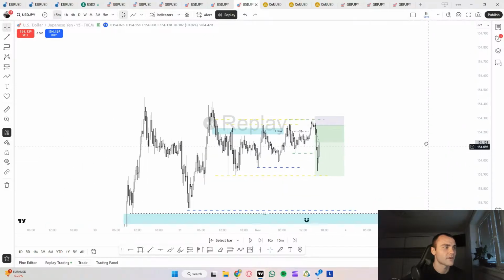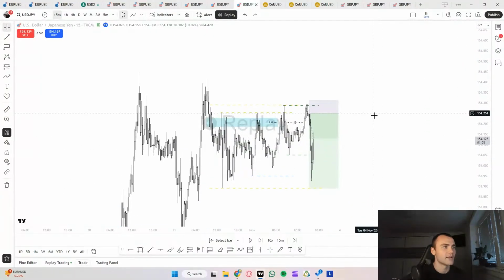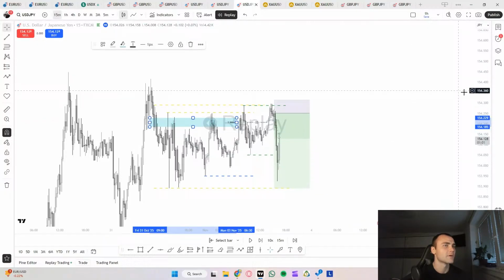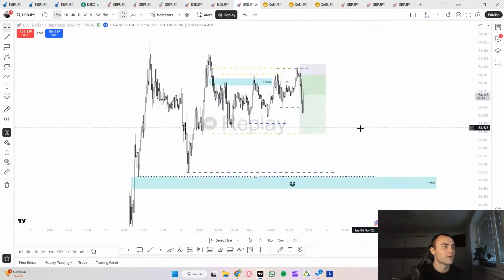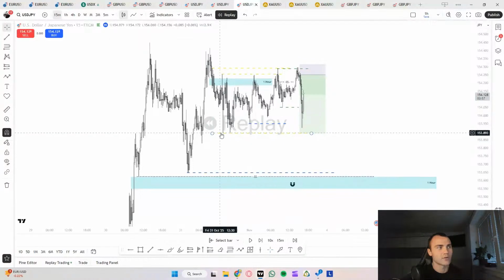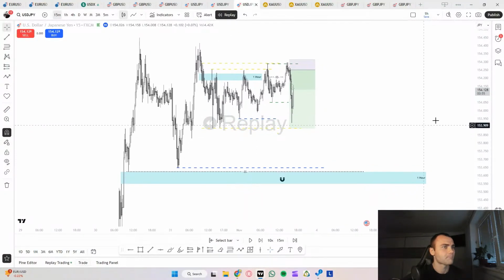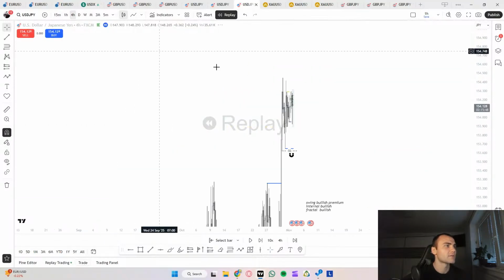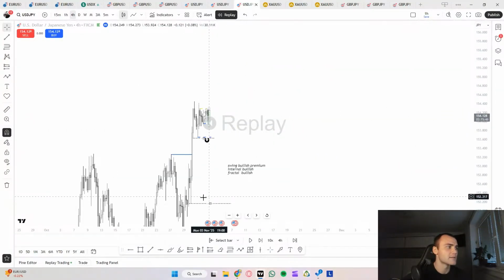It's very, very interesting. I'm targeting those lows right now. But with a big trade, I'm still targeting this low.